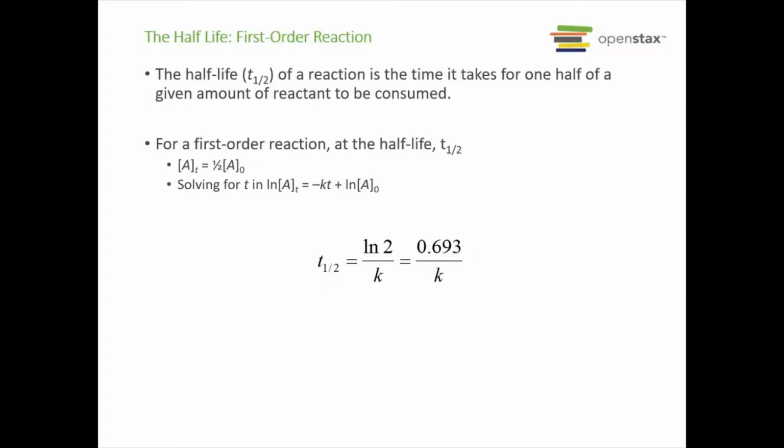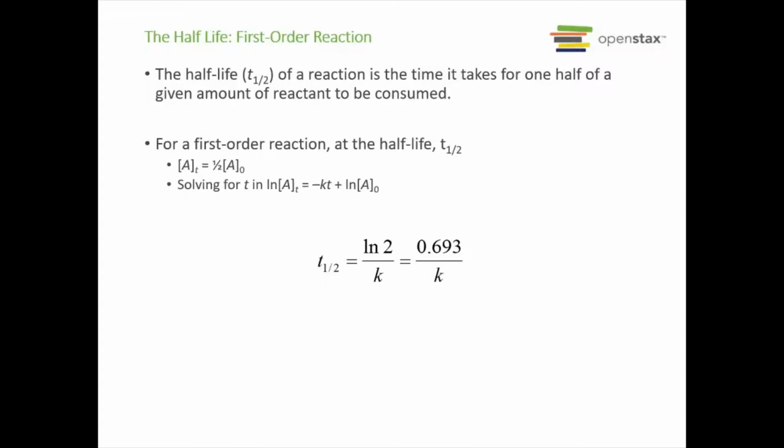So we're going to talk about half-life now. Half-life of a reaction is the time it takes for 1/2 of a given amount of reactant to be consumed. So for a first order reaction, your half-life is equal to the natural log of 2 divided by k, which is 0.693 over k.